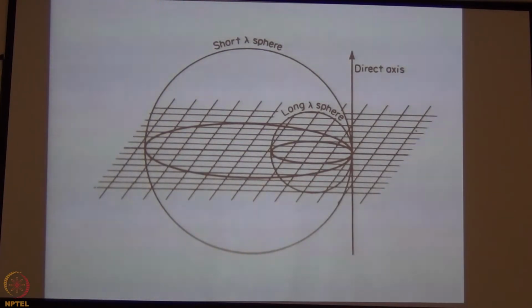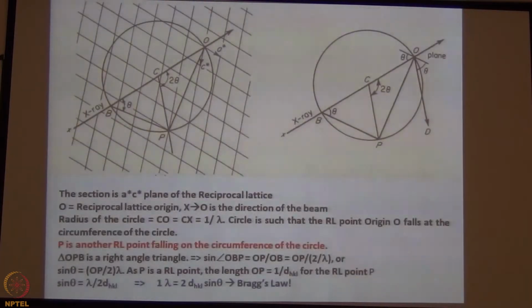Now the question is, which reciprocal lattice points can be passed through these spheres? Are those only the ones which are very close to that? Is there any restriction on that? Or should those be only inside the sphere?